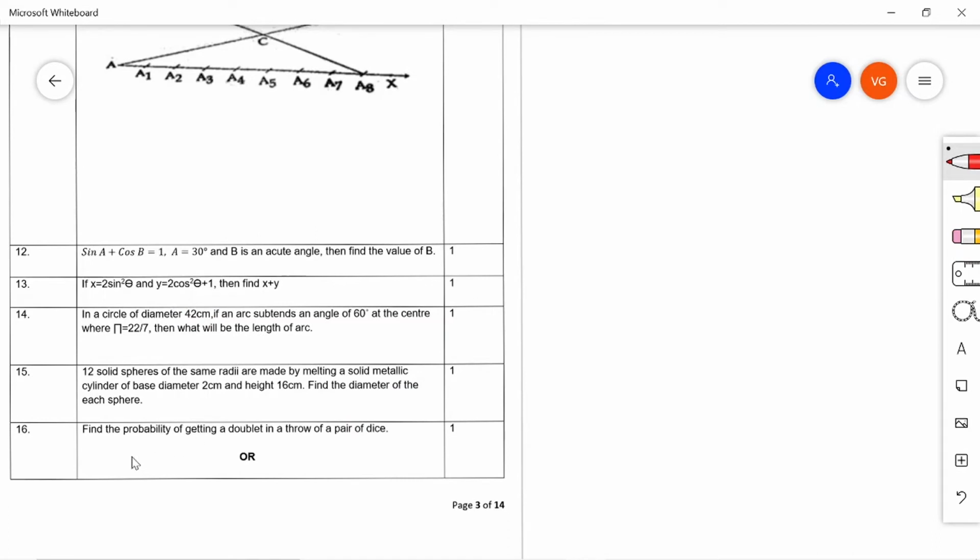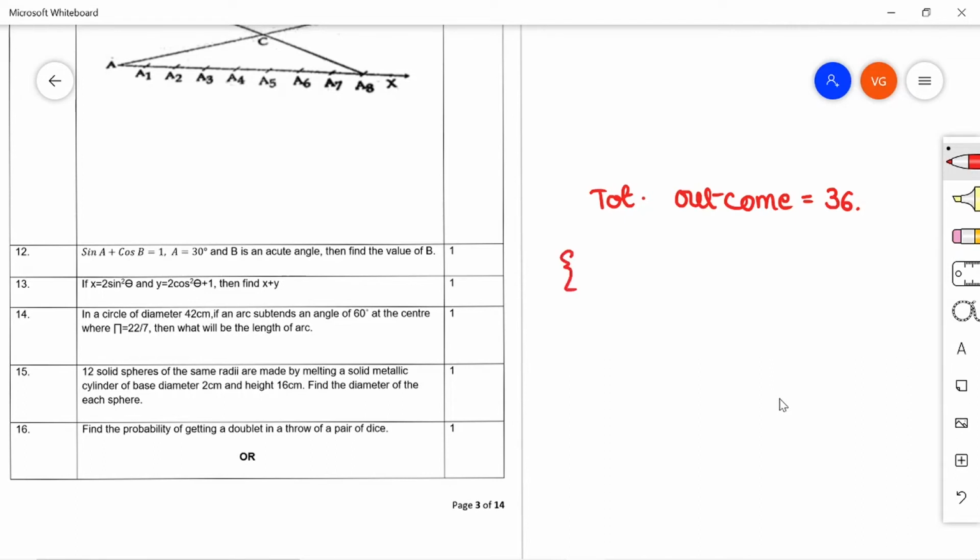Coming to question number 16, find the probability of getting a doublet in a throw of a pair of dice. So as they are throwing 2 dice, total outcome will be 36, right? So doublet means what?